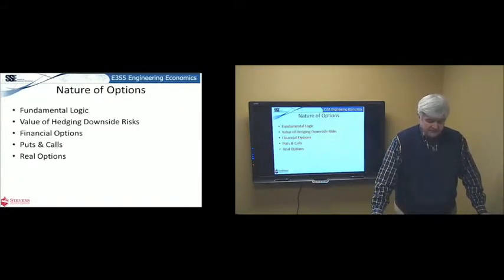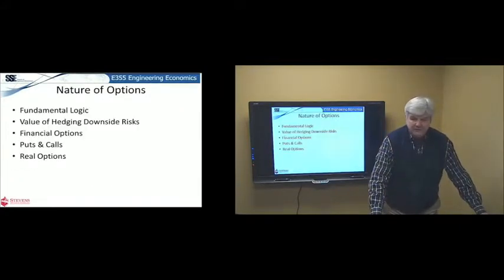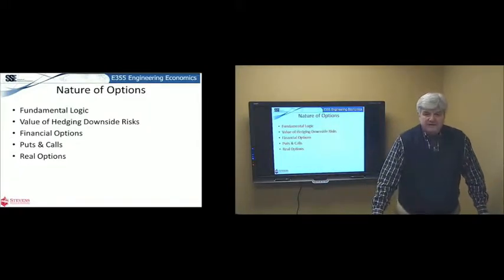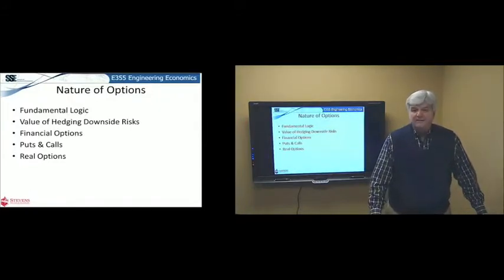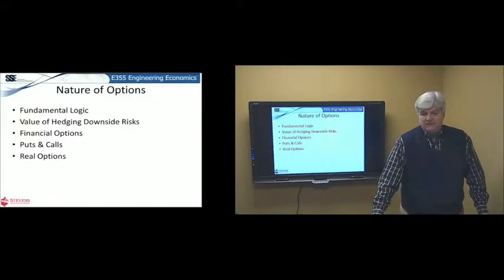So we're going to talk about the fundamental logic of options, the value of hedging downside risks. Let's think about this. Let's say the return on an investment was normally distributed, and some of that normal distribution was negative. In other words, you could lose money from that investment. What if we could cut off the negative tail of that normal distribution?